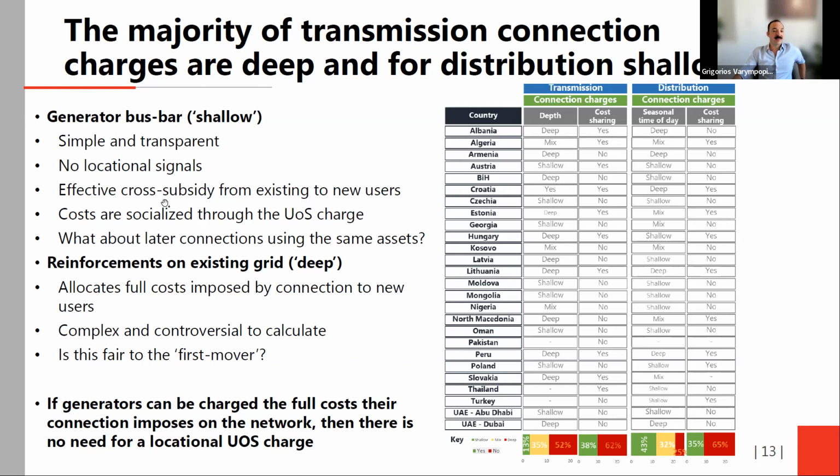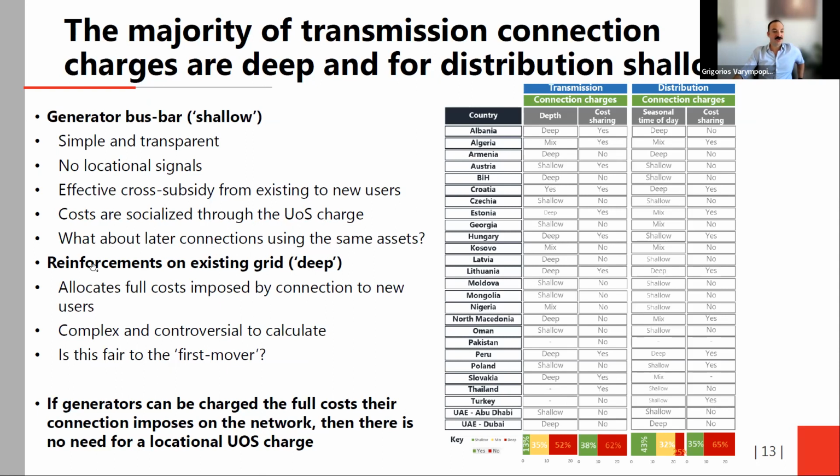Costs are socialized through the use of system charge, so the cost to upgrade the network further deep are recovered typically through the use of system charge, and also create some questions regarding what about later connections using the same assets.